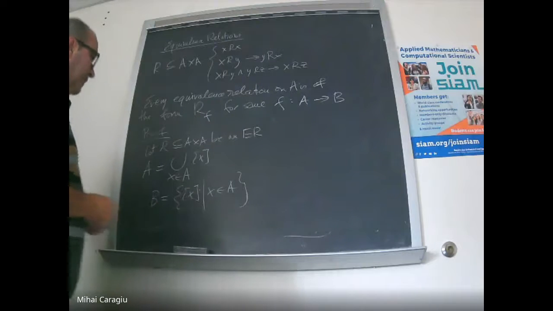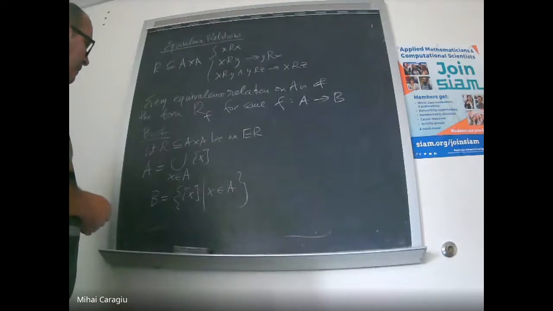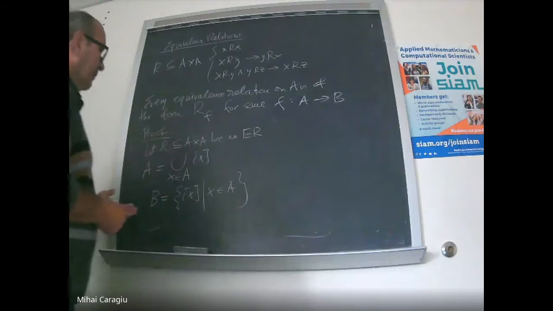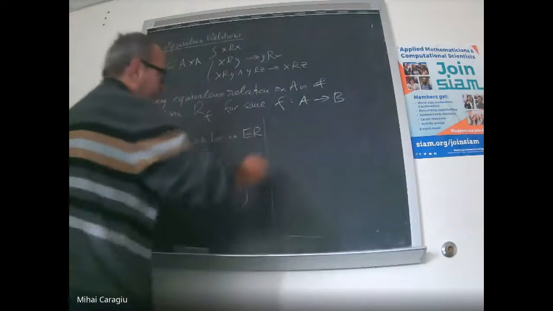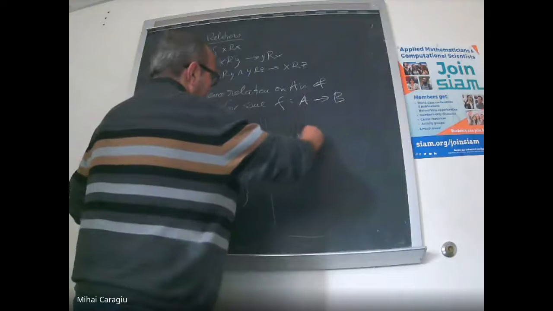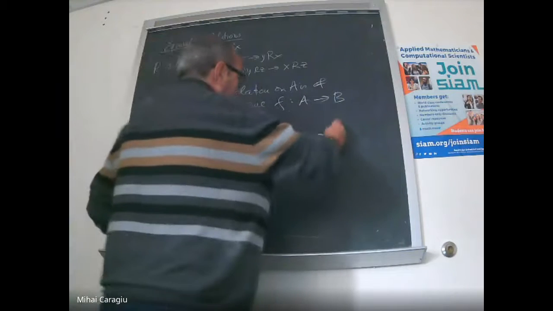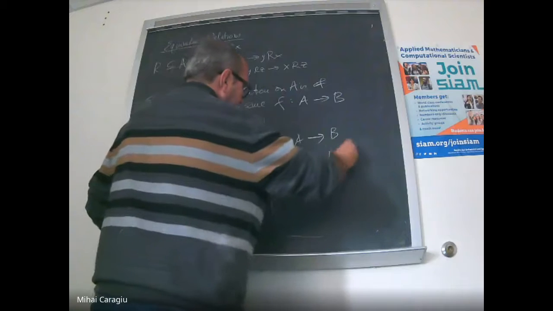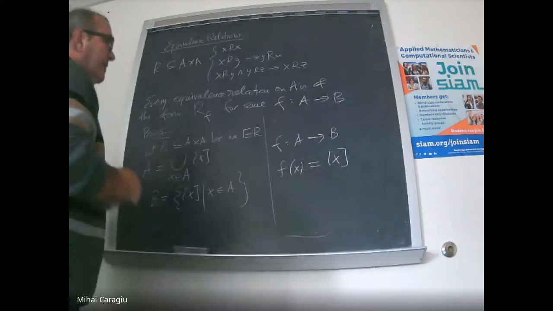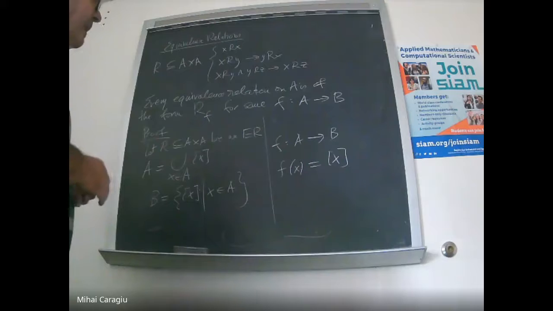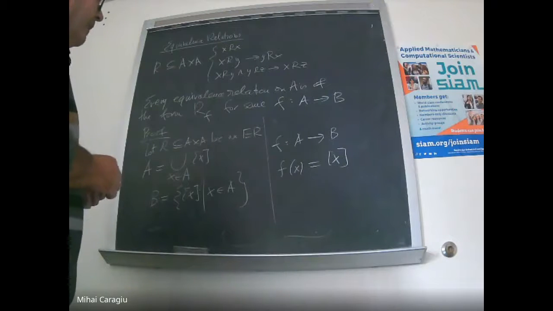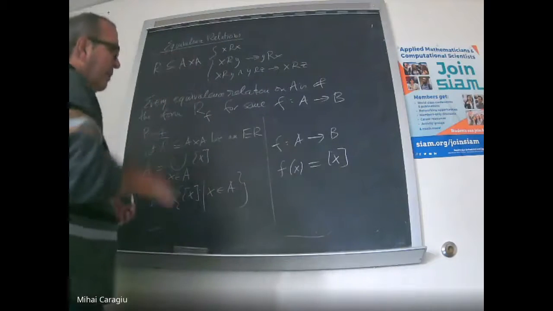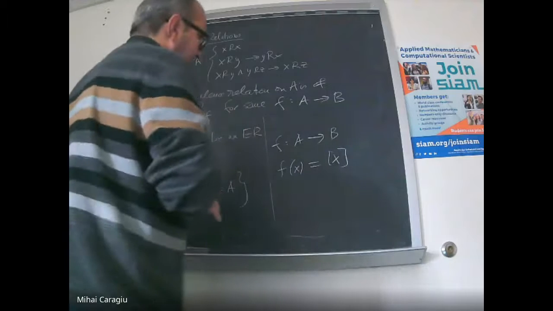So B is the set of all possible blocks in A. Then we clearly define a function from A to B: F of X is the block of X. So the function is defined in a very canonical way. The value of the function at X is the block of the partition corresponding to X.